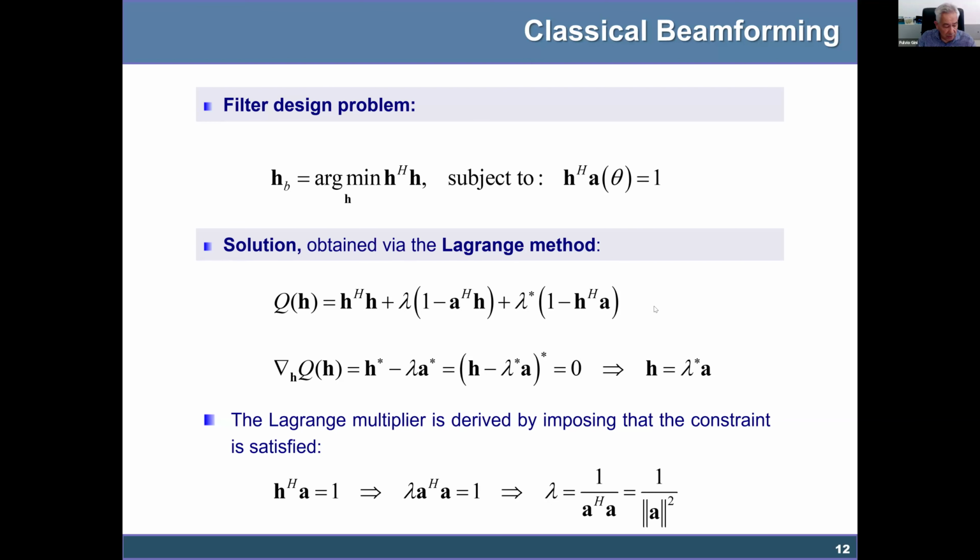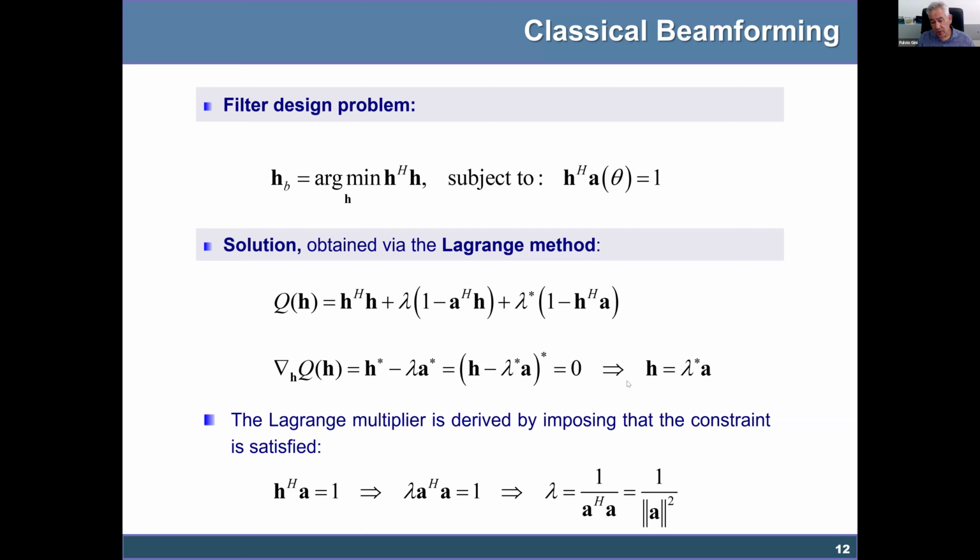This problem can be solved by calculating the gradient. The gradient is, you obtain H conjugated minus lambda A conjugated. You can write it in this way: you put the conjugate in evidence, and you find the optimal solution by setting the gradient equal to 0.